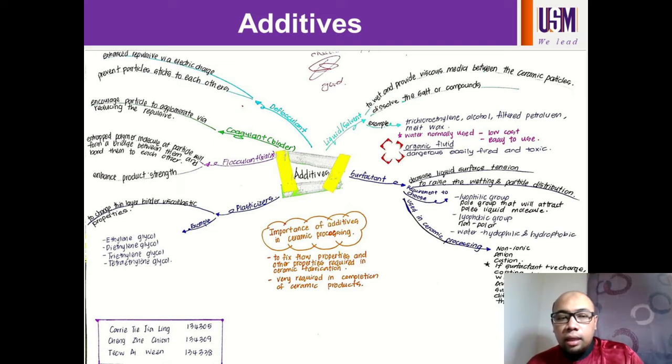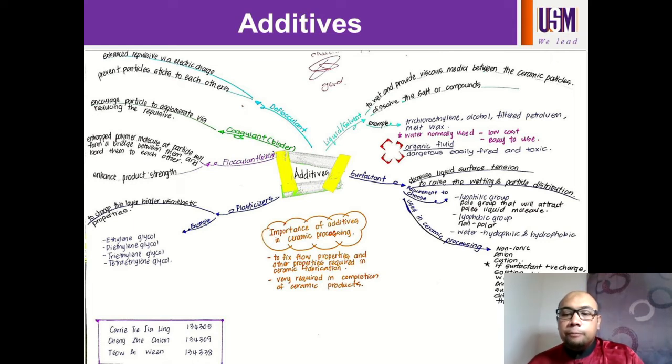Here this group also highlights the importance of additive in ceramics processing. Number one is that additive is used in ceramics processing in order to fix the flow properties and other properties required in ceramic fabrication.